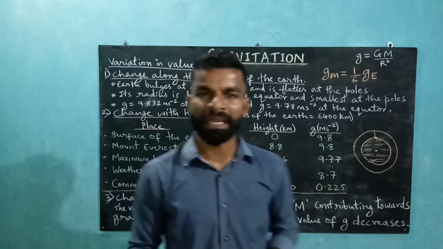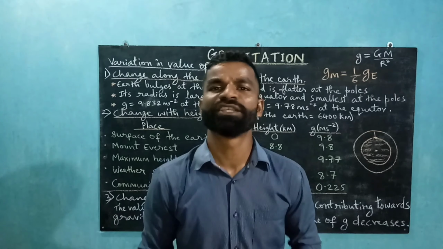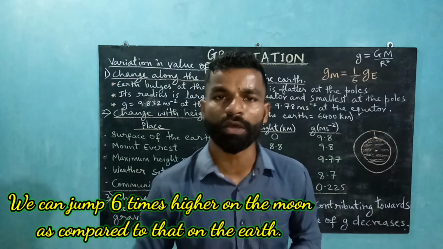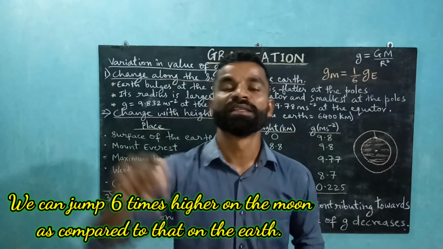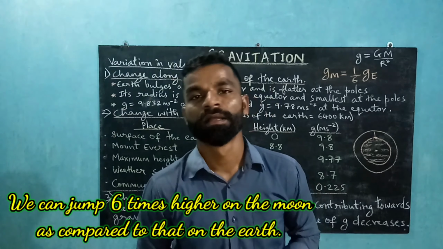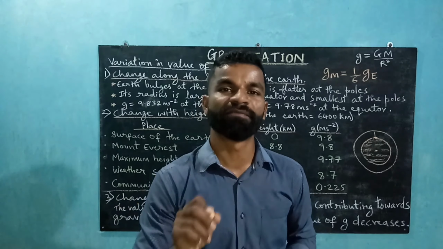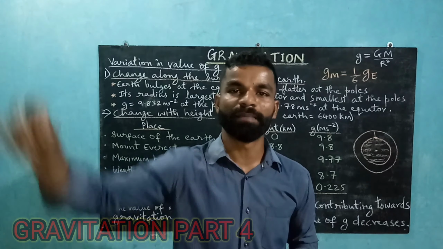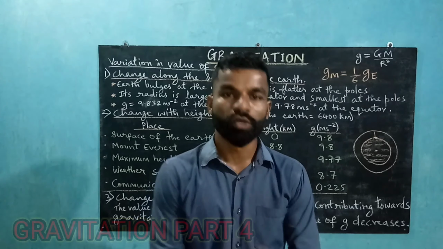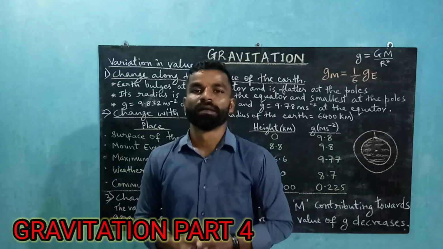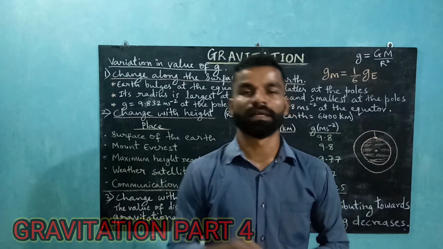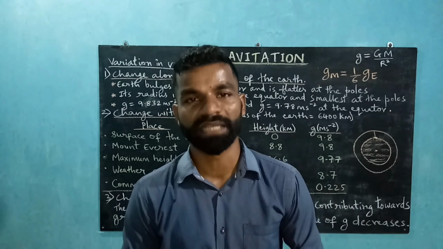So if you are trying a high jump, and you jump 2 meters on earth, you will be able to jump 6 times higher on the moon surface with the same force, which is 12 meters on the moon surface. So hope you have understood whatever I have taught you in this fourth part of the chapter Gravitation.